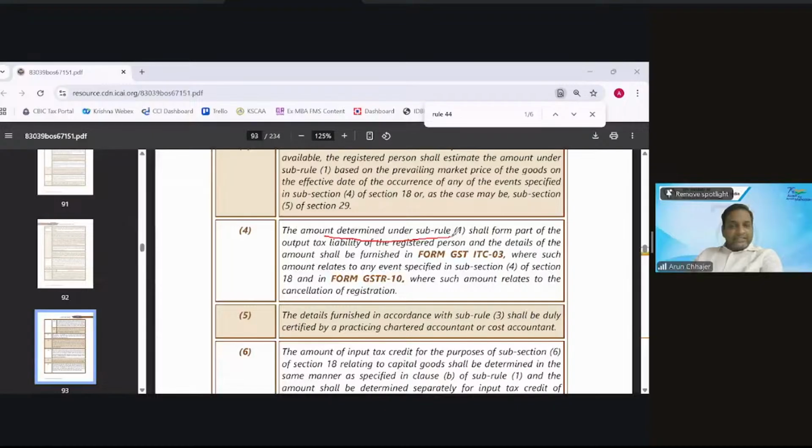Amount determined in sub rule 1 for equivalent stock or capital goods shall form part of output tax liability, and the details shall be furnished in ITC 03, where such amount relates to 18.4, exempt or composition. And if it is 29.5, then you need to furnish such details in the GSTR 10, that is the final return.